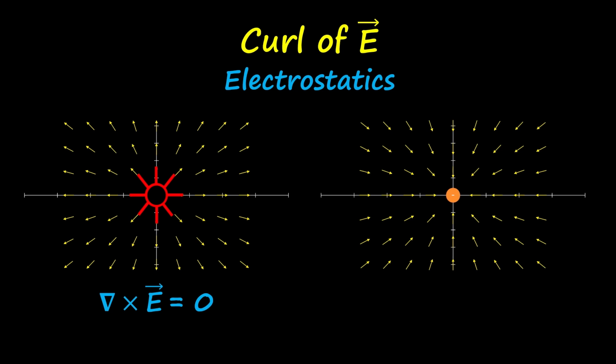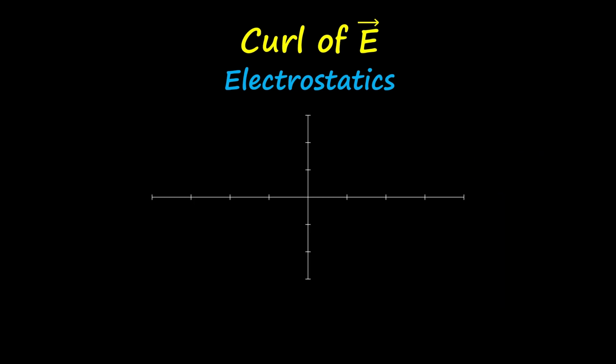Similarly, let us place the same mini paddle in the second case. Here also, the paddle will not rotate. So the curl of electric field will be 0. Now, let us consider the case of an electric dipole, which is a system consisting of two equal and opposite charges. The electric field pattern of an electric dipole will look like this.